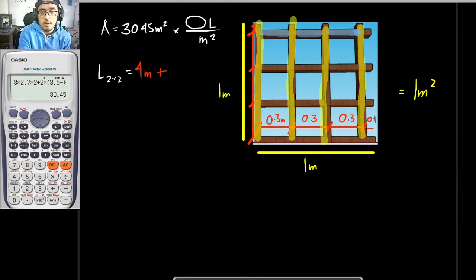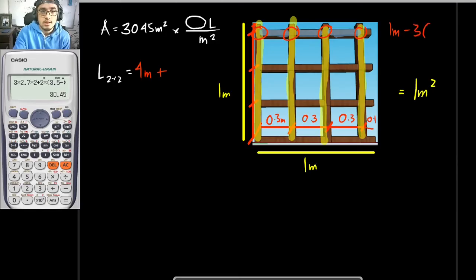For us to get this blue line, the blue length right here, it is basically 1 meter minus the number of wood here, 1, 2, 3, 4, so minus 3 times its thickness.